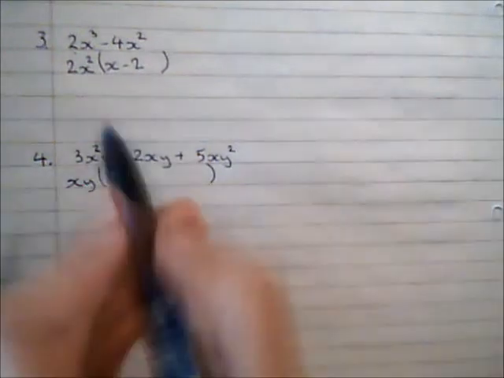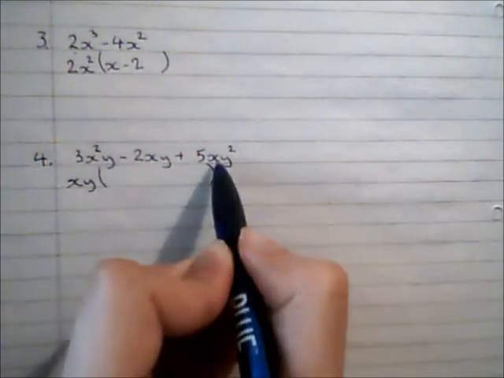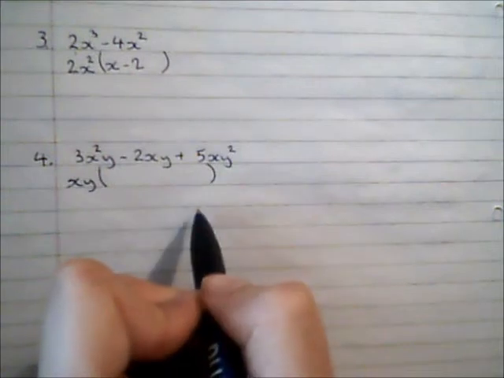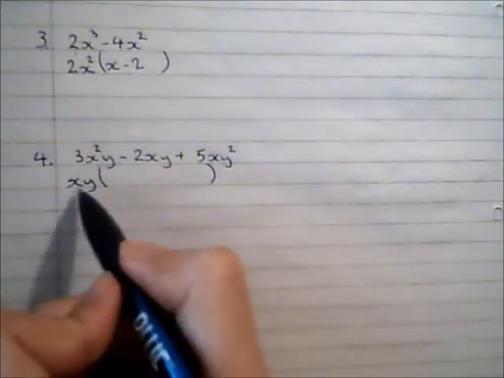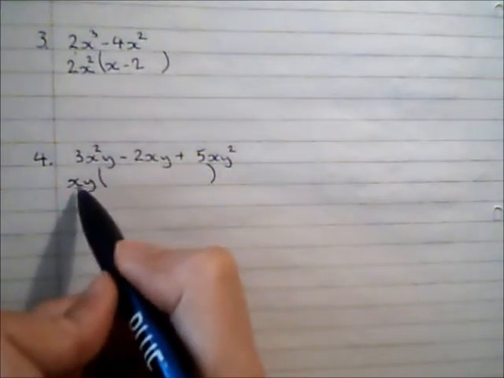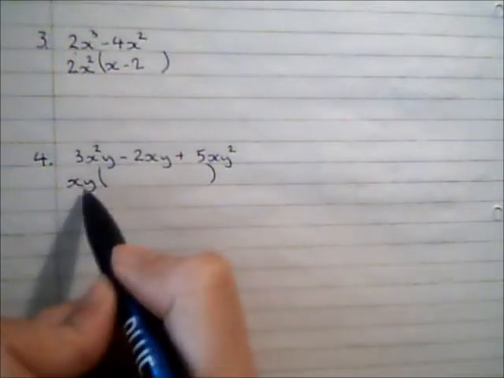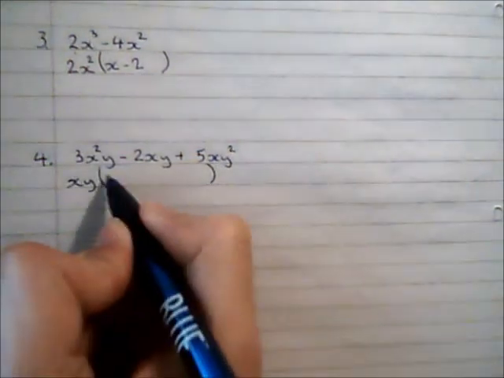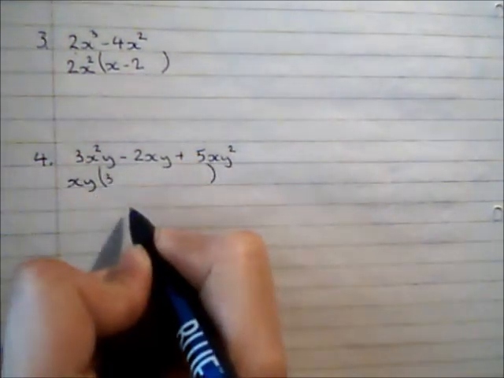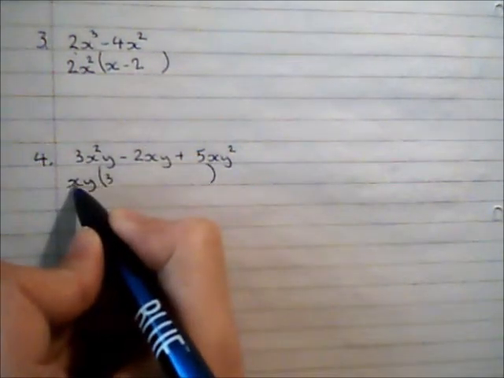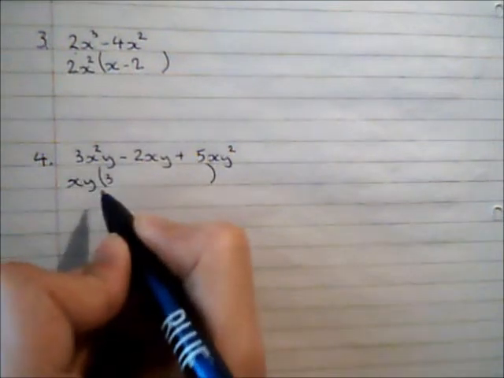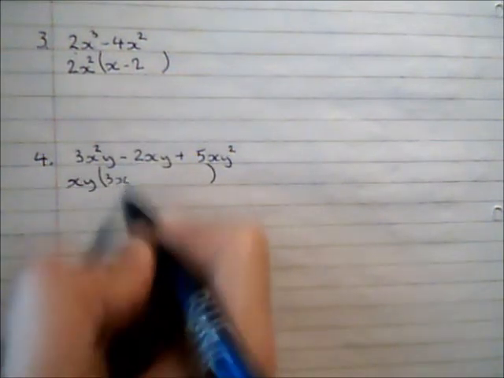Now because I've started here with 3 terms, I'm going to end up with 3 terms inside my bracket as well. So let's look at this first term. What must I multiply by to get 3x squared y? Well, I've got no number here, so the 3 must be inside the bracket. Now if I look at the x's, I've got an x outside the bracket, I need x squared, so I need to multiply by another x.